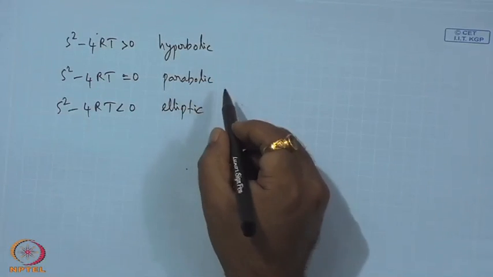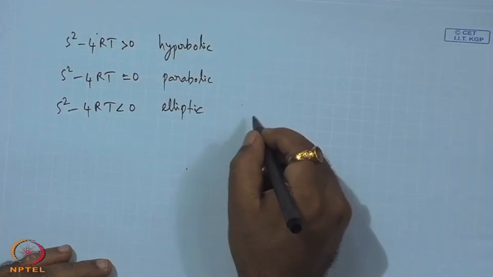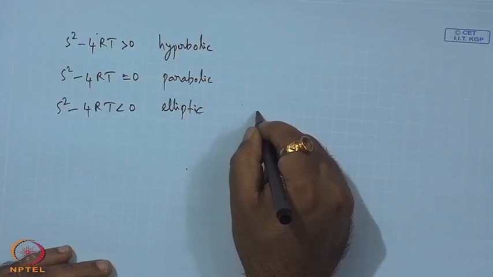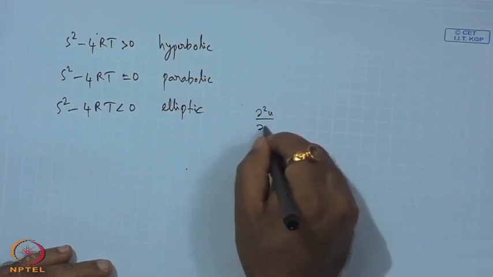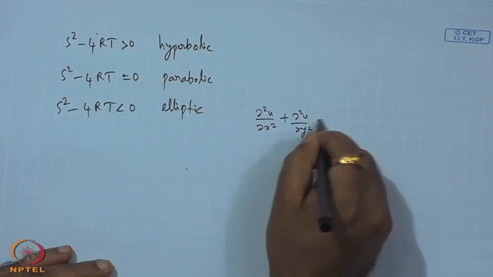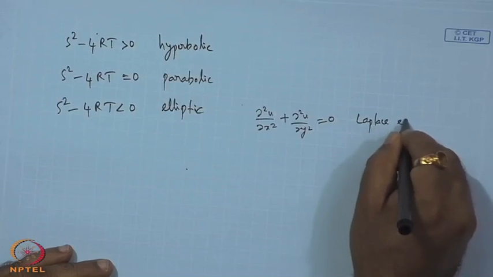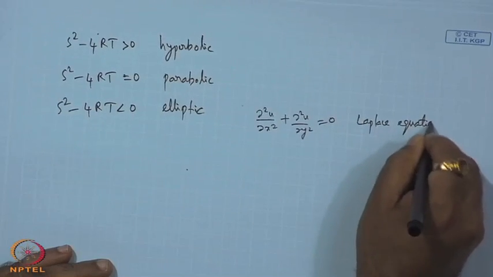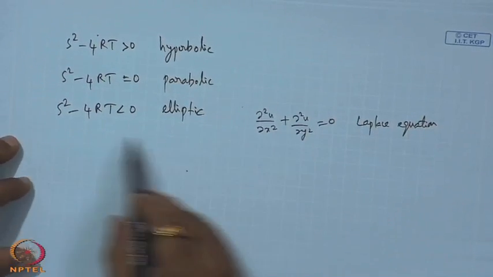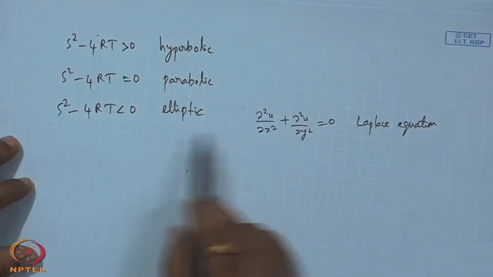Okay. So, examples. This is Laplace equation. You can verify s squared minus 4 r t less than 0.